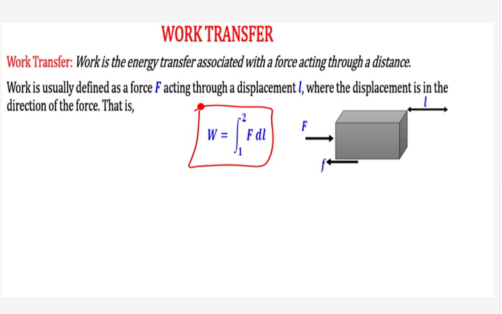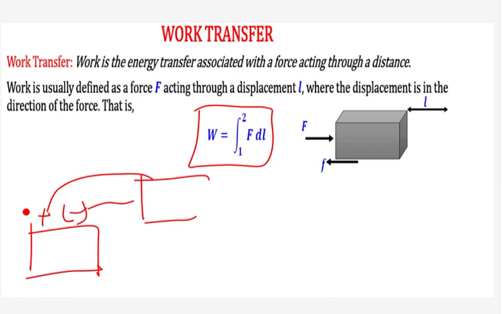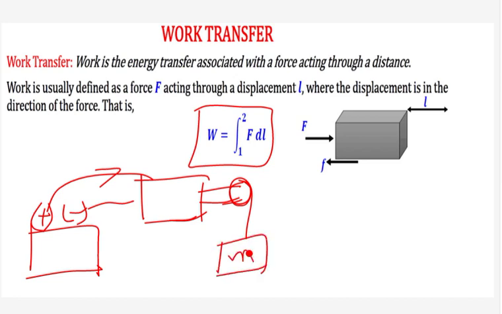In thermodynamics, if I use any energy to lift a mass by some distance L, then the work transfer is given by force multiplied by L. Say I have a battery supplying energy to a motor, and I am able to lift this mass by a distance L. Then the electrical energy that is flowing, I will call it work transfer.